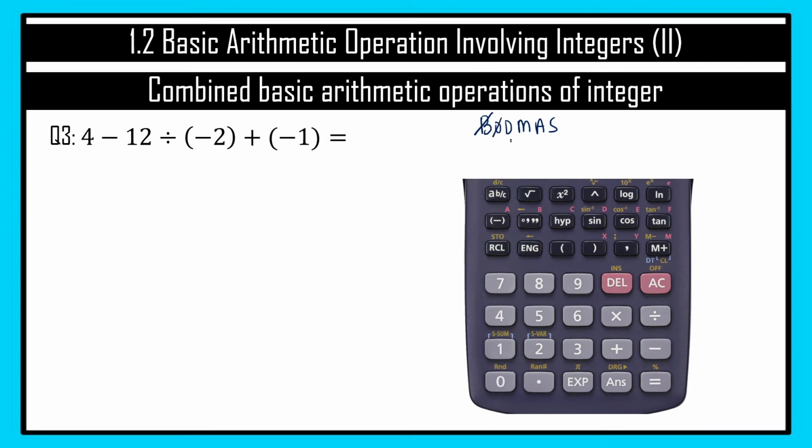Now is D and M. Do we have divide or multiply in the equation? Yes, there is one divide in this equation, which is over here. So it will be 12 divide with negative 2. So we are going to do that one first.